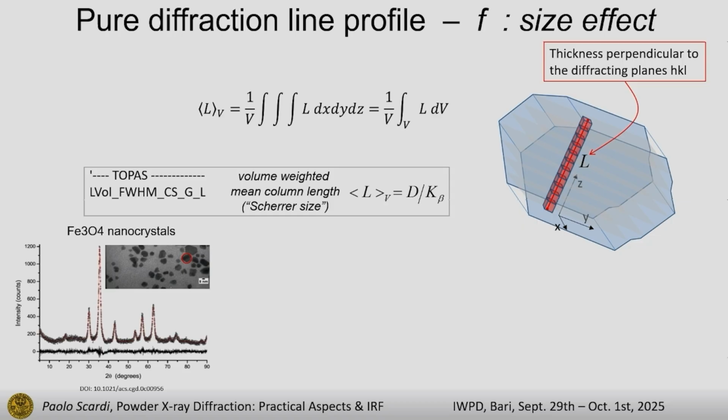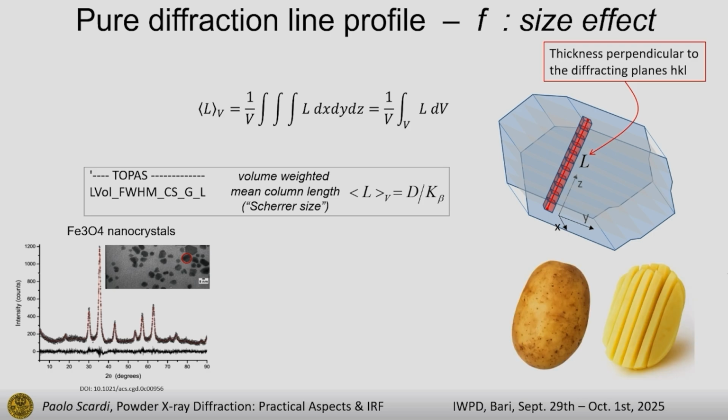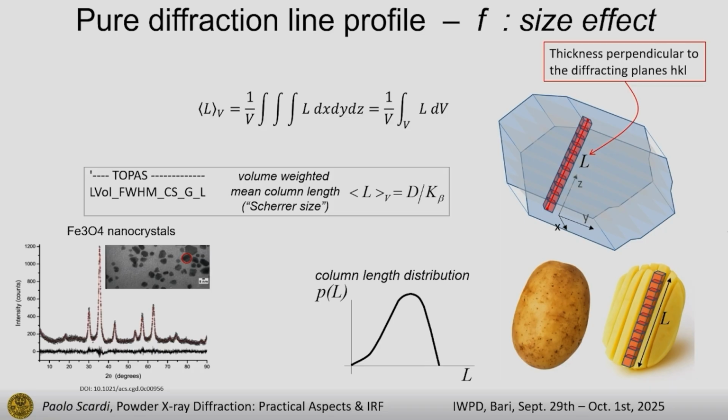There is another way to look at this problem. I like this. It's like when you make French fries. Why am I talking about French fries? You know French fries? I think so. So you take a potato and you slice it in this direction. These columns, think now these are made of unit cells. You can calculate a distribution of these columns. This is more or less how the distribution looks like.